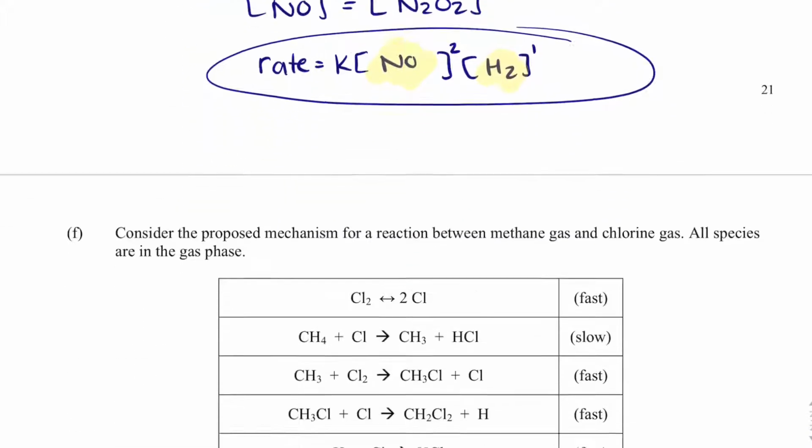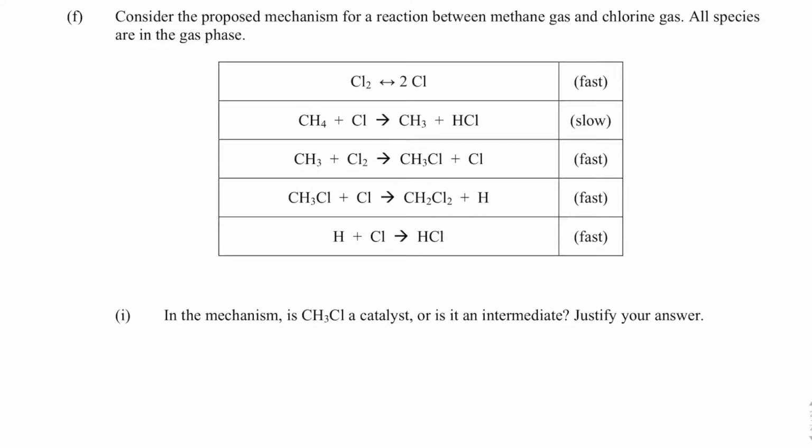Okay, let's do one more example, and then we'll call it quits on this. In part I, it says, is CH3Cl a catalyst or an intermediate? So we need to justify our answer. So let's find that guy first. And there it is.